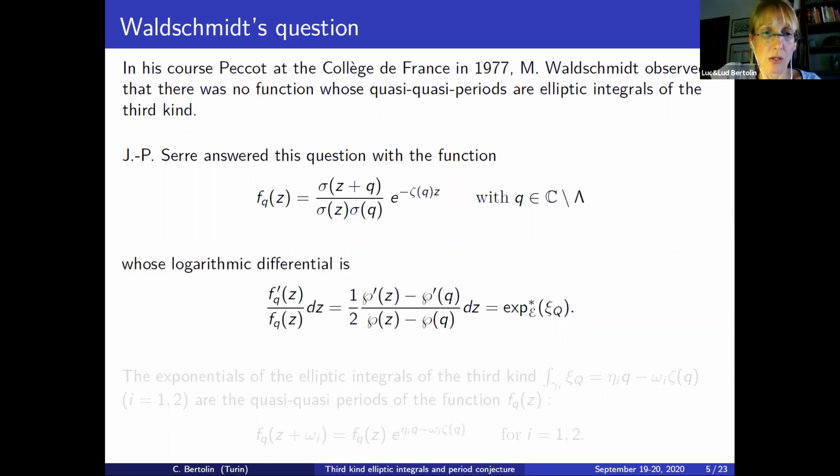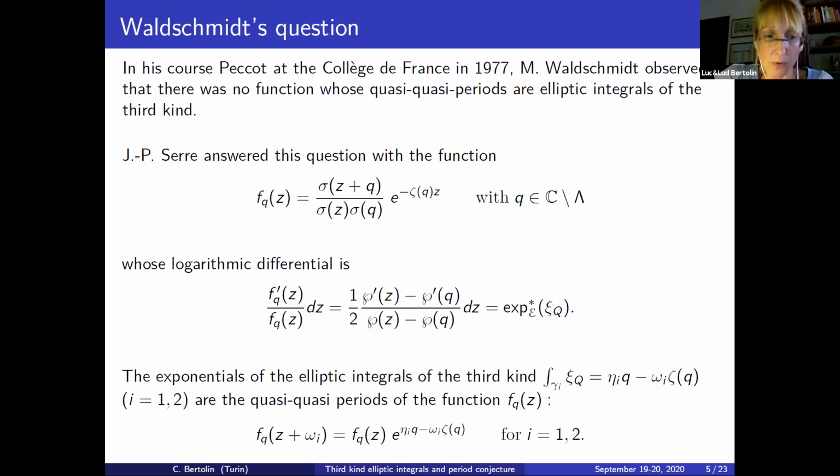The logarithmic differential of this function, that is f_q'(z) over f_q(z) dz, is exactly the pullback of ω_Q by the exponential map.